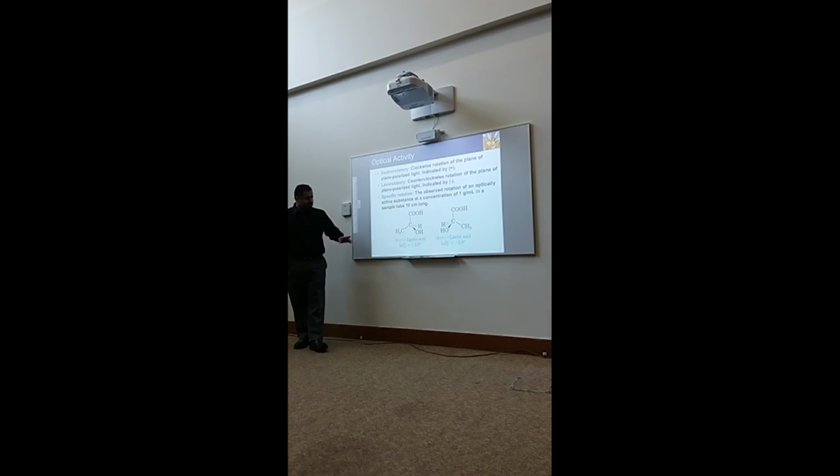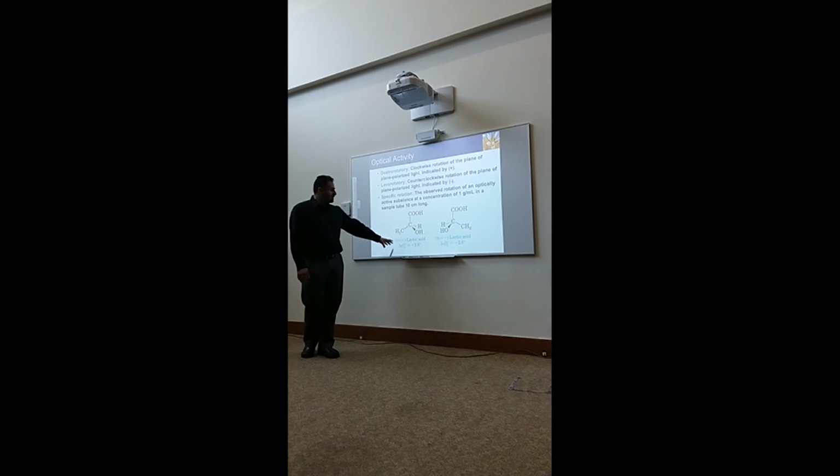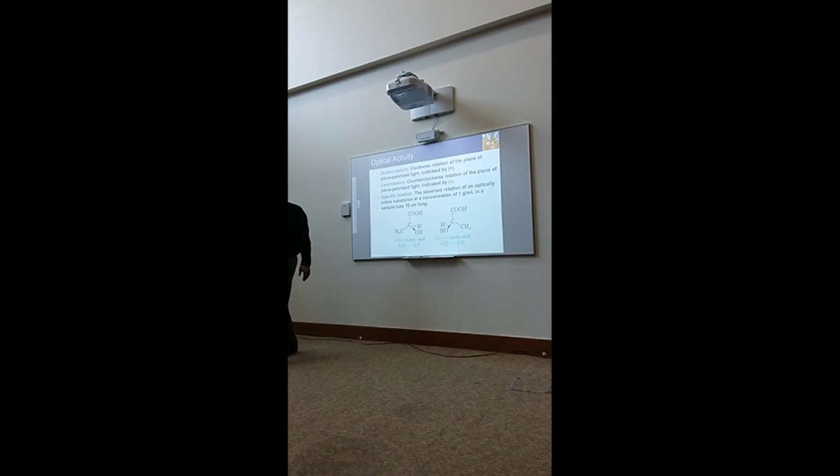Okay? If you look at, for example, lactic acid, you have the S isomer and the R isomer of lactic acid. If you put each one separately in the instrument, you get a reading for the S of plus 2.6. What does that mean?